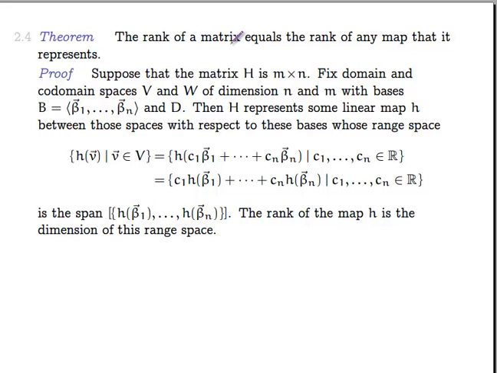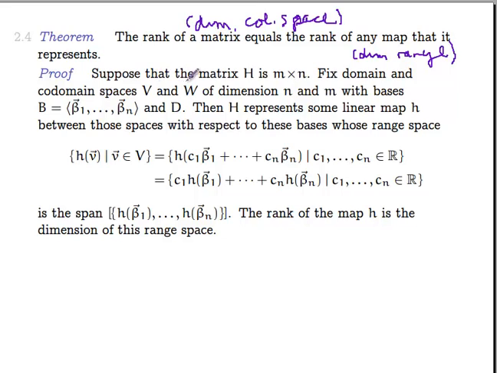Let's see if we can equate those two. The rank of a matrix is the dimension of its column space, and the rank of the map is equal to the dimension of the range. Those two things should be equal.